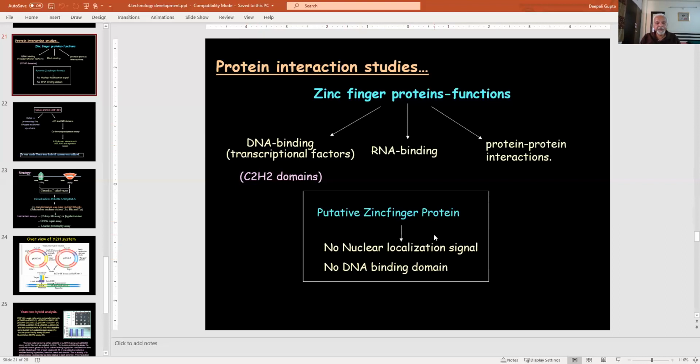We concluded that it is a cytosolic protein. That is one part. But then, how is the domain interaction happening?